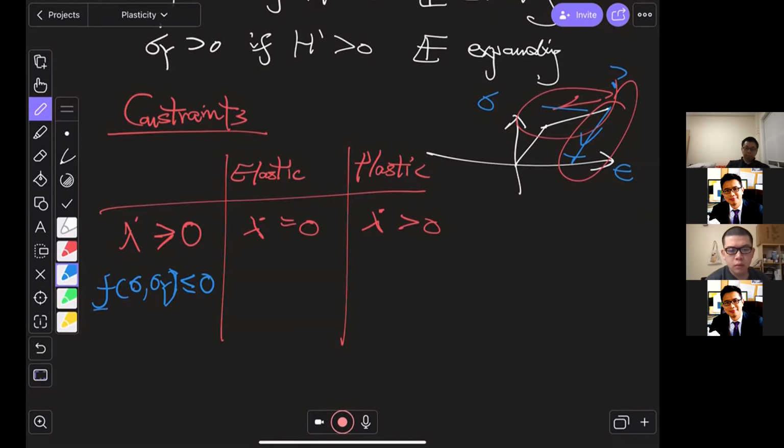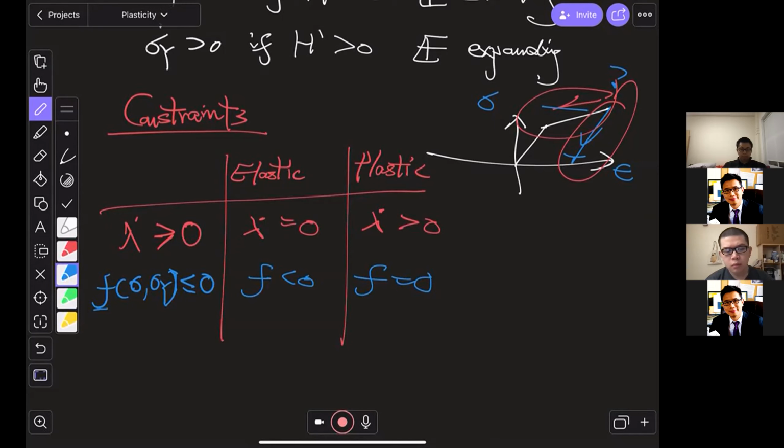So F smaller than 0 is elastic. When it's plastic, F remains 0 regardless of the new stress, because whenever I have a new stress, the yield stress needs to change accordingly so that F, as a function of stress and yield stress, remains 0. So F can never be greater than 0.